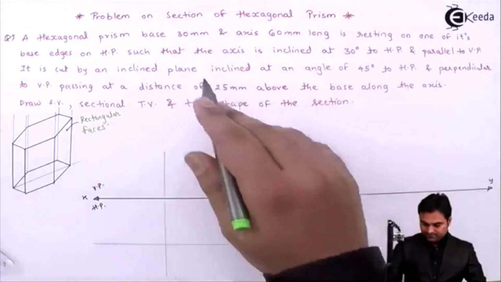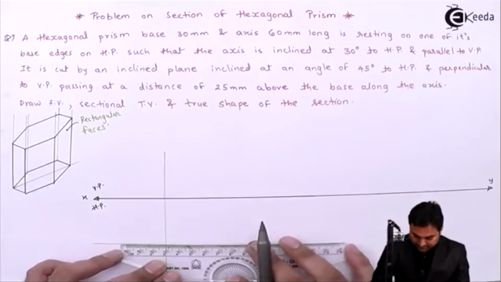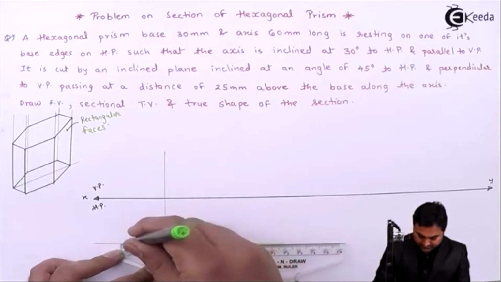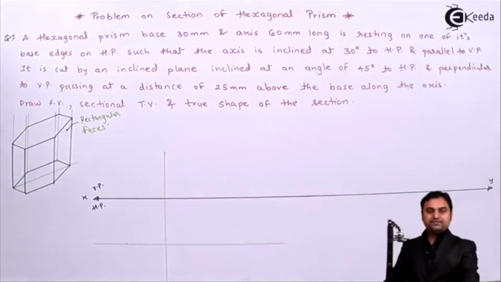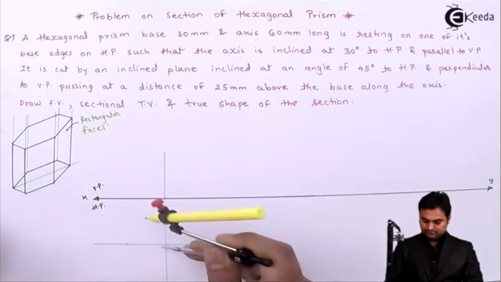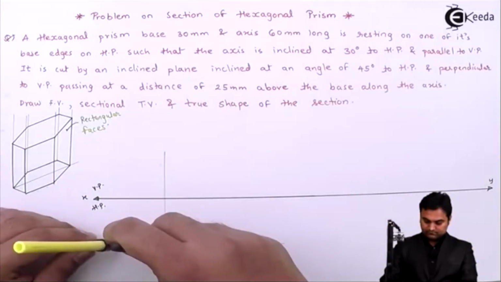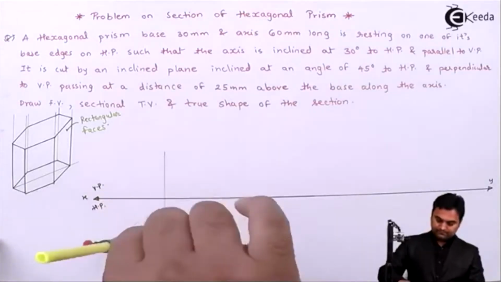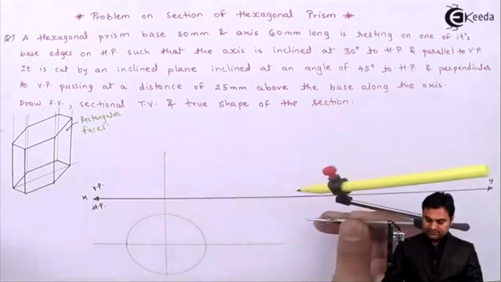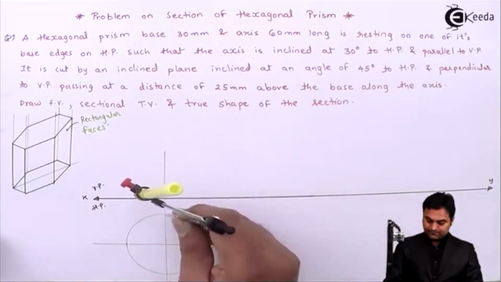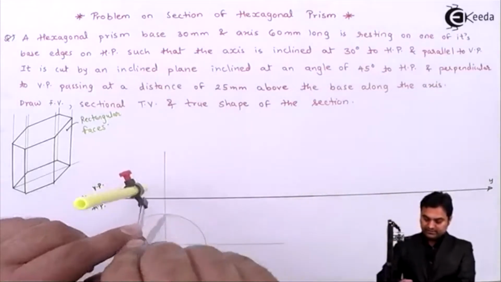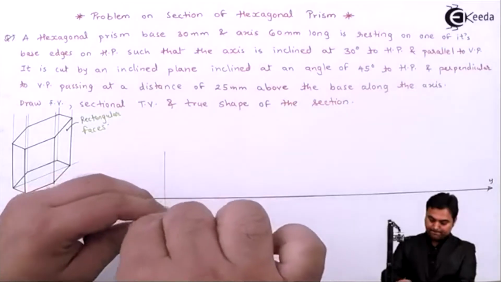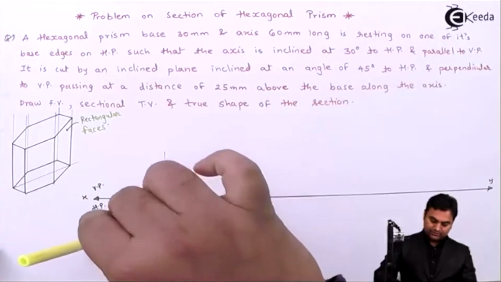Since 30 mm side is given, I'll mark 30 mm on this side from the center, taking that as the radius. Drawing a light circle. Next, it is resting on an edge. So on the right hand side, I should get an edge. So marking the points accordingly.